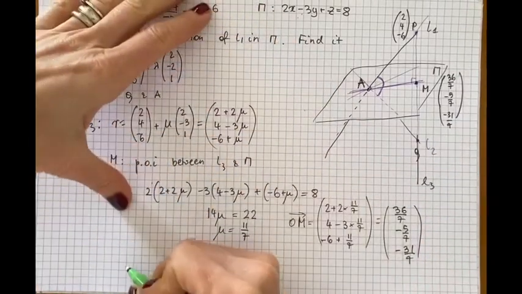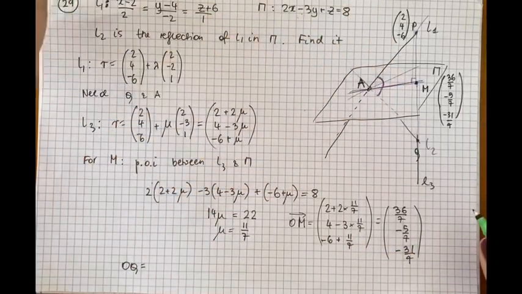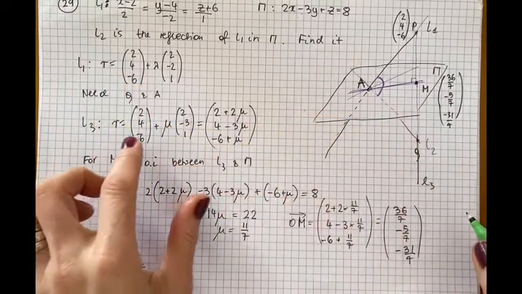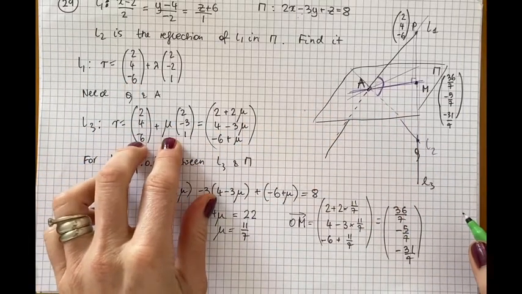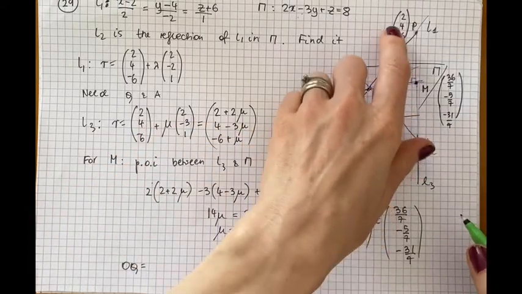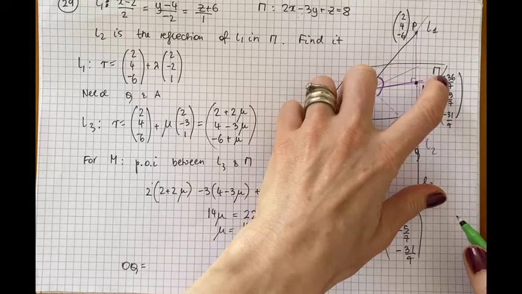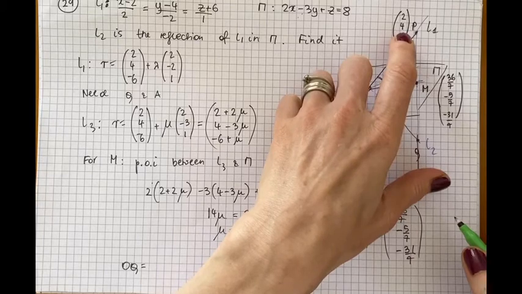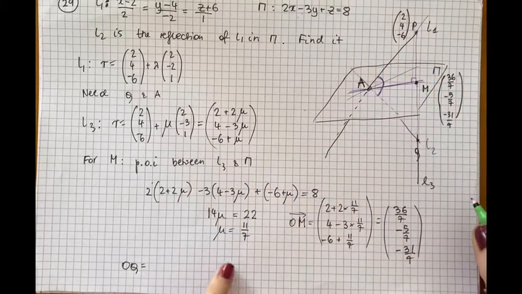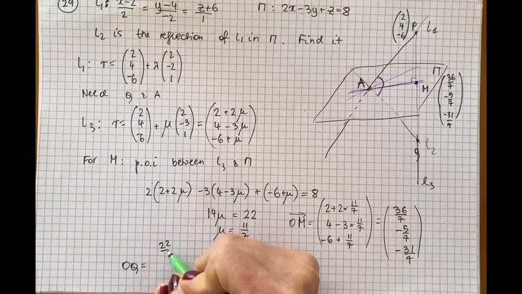So let's find Q. So OQ, how you do it, it's your choice. You've got the equation of a straight line, which we called L3. So from P to M, you're going to go from 2 to 36 sevenths. That was 14. Take it away from 36, so it's 22 sevenths, which was here. So 22 sevenths.